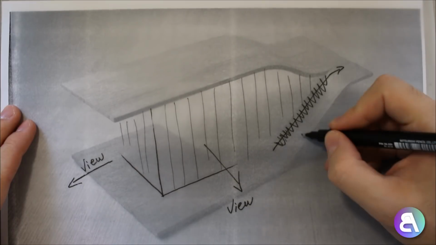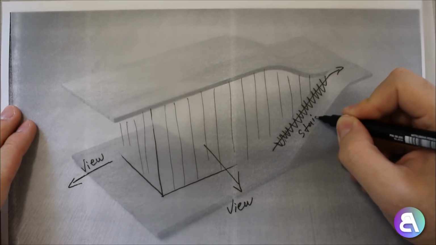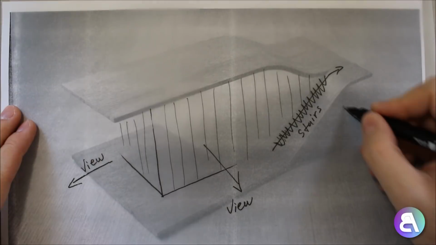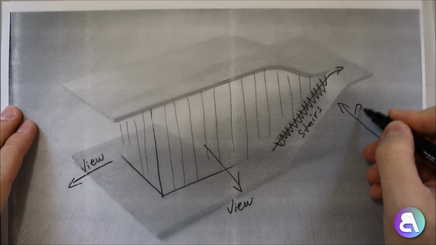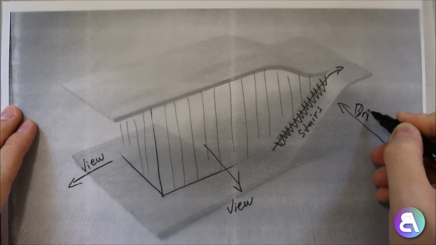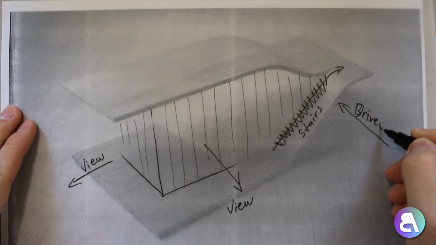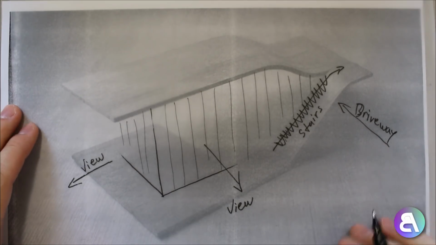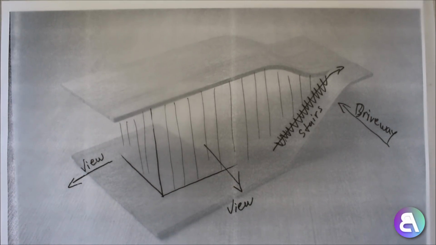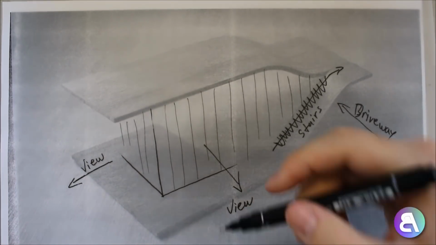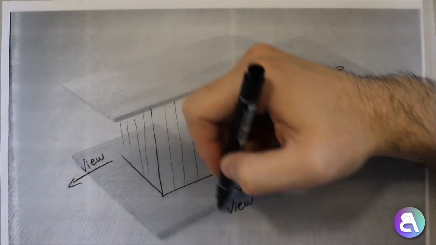So here I'm marking where the stair is with just a basic zigzag line, and here this is just where the driveway is behind the building, so I'm indicating that as well. So you just use the different thicknesses of pens to create this unfinished feel, like it's in the middle of the design process.